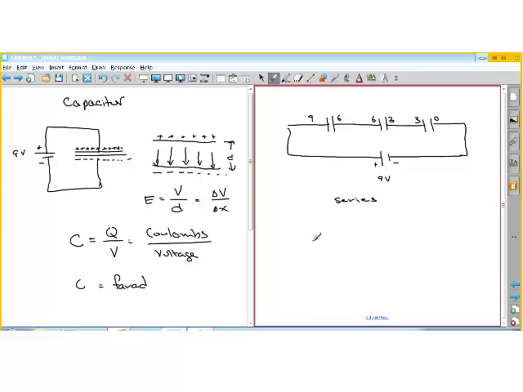Then you have the other case of parallel. So let me just draw that. So we have a battery that's going to charge the capacitors, and you have them like this. This is the parallel case.